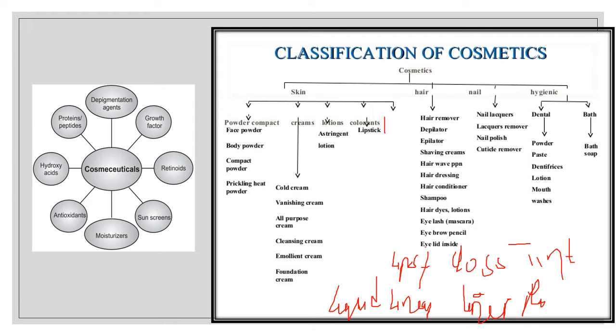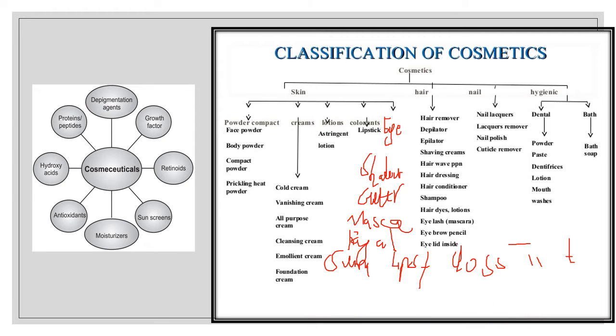With respect to eyes, you have eyeshadow, eye glitters, and other eye formulations like mascara, kajal, surma, and so on and so forth. So these are all the cosmetics that could be prepared.